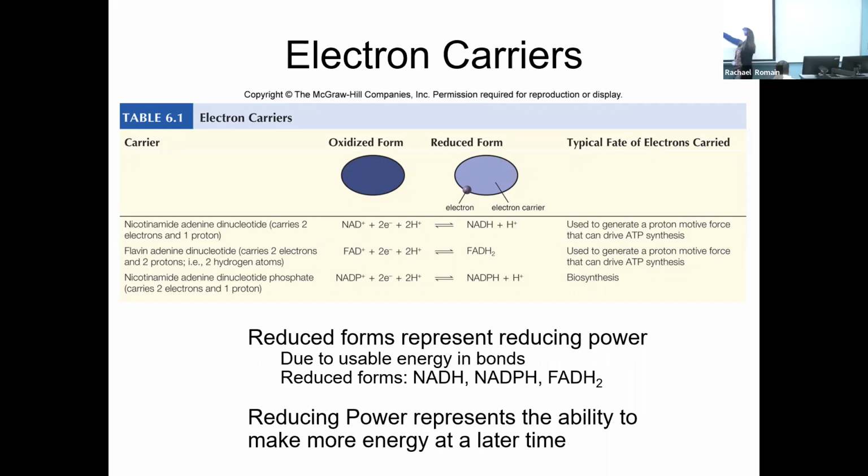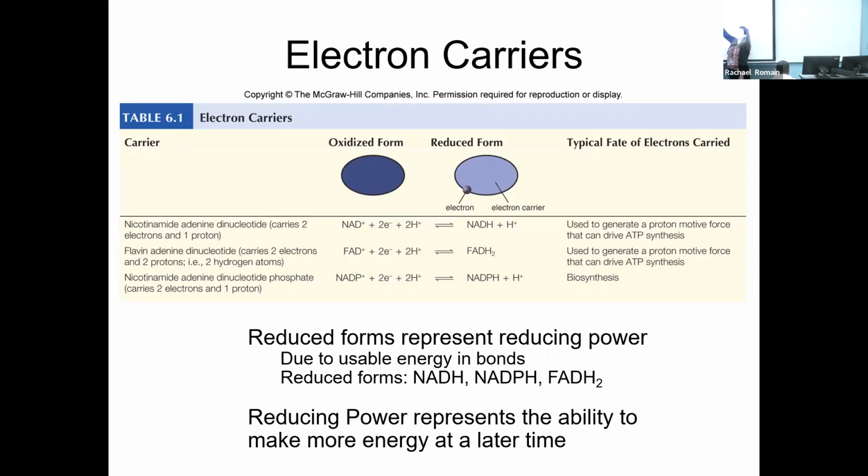So what we're doing here is we've got 2 electrons that are coming on here. We've got an extra positive charge to start with. So this allows all of these components to come together in this reduced form. Now it becomes NADH, and then it's sitting here with an extra H plus, which is just a proton, okay?